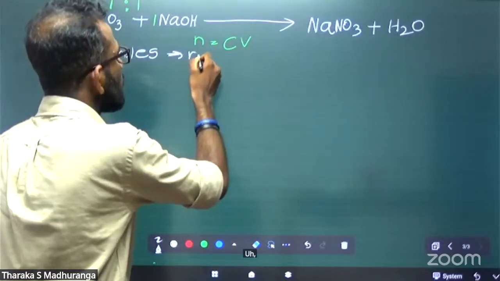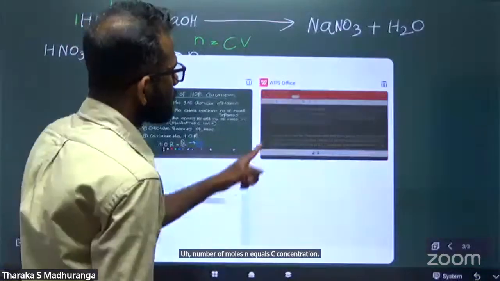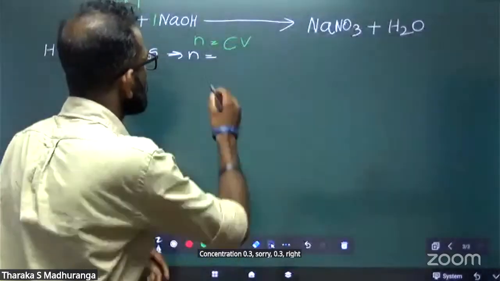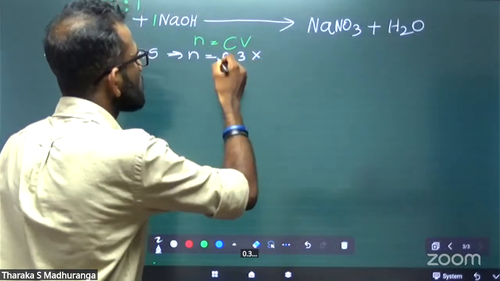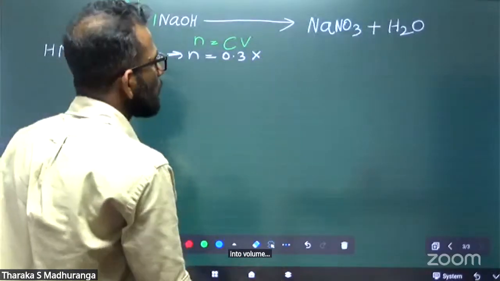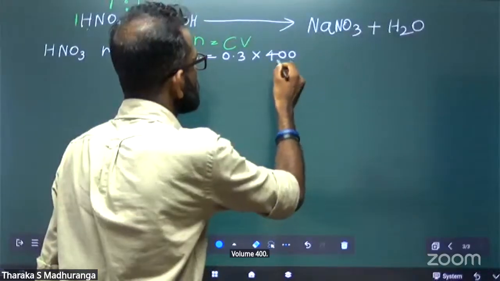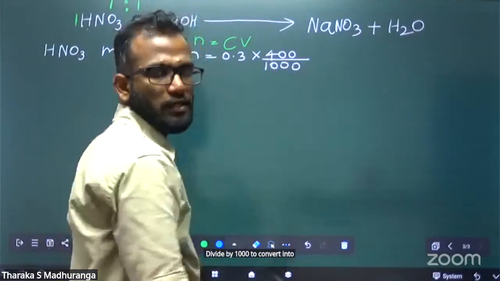Number of moles n equals concentration 0.3 times volume 400, divided by 1000 to convert into cubic decimeter.